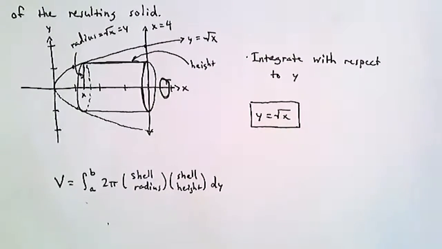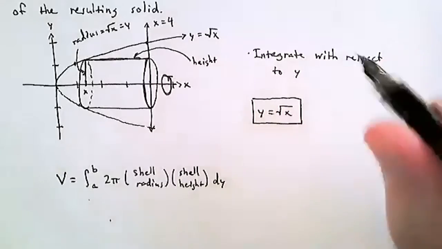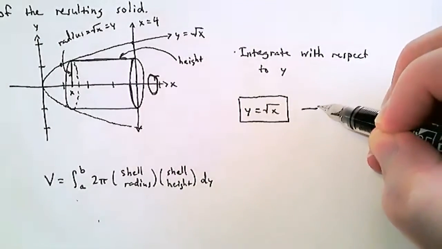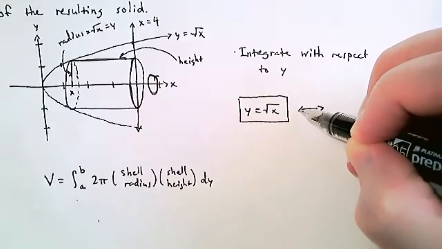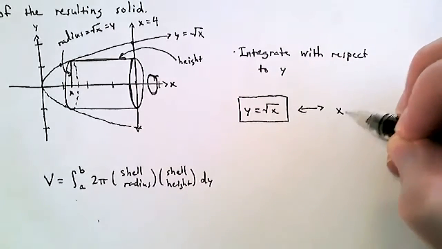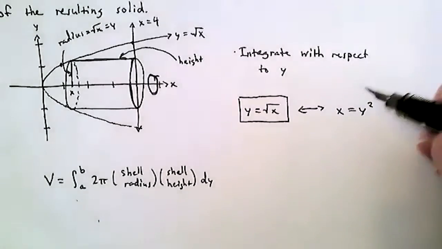Any ideas? So remember, y equals the square root of x. So if I want to rewrite this in terms of x, if I want to solve for x, I would have to square both sides. So x is equal to y squared.